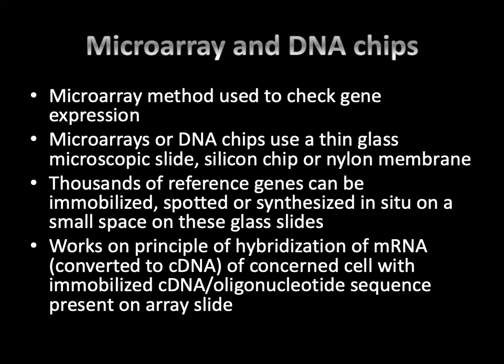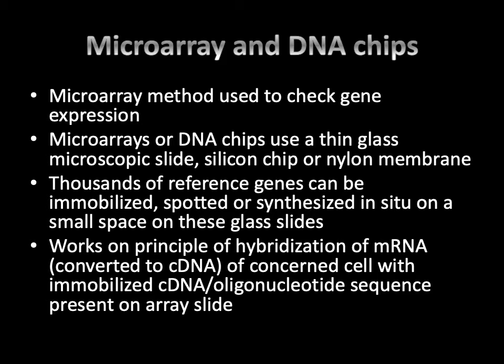So the microarray method is used to check for gene expression. Microarrays are essentially DNA chips which use a thin glass microscopic slide, which may have a silicon chip or a nylon membrane.